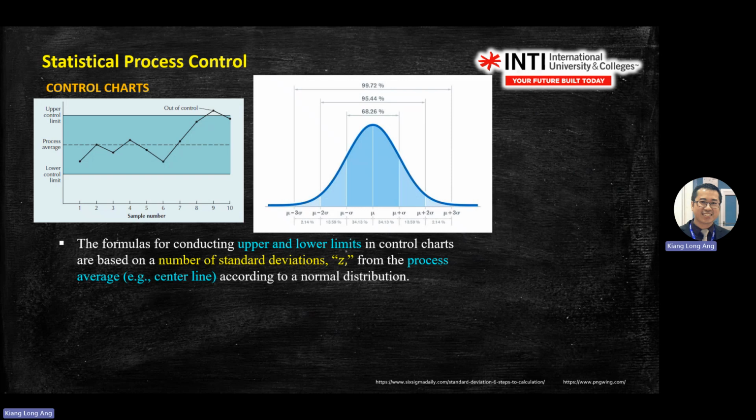If you have 2 sigma, left and right, you are controlling 95.44% of your process. But if you extend to 3 sigma to the left and 3 sigma to the right, you are controlling 99.72% of your process.